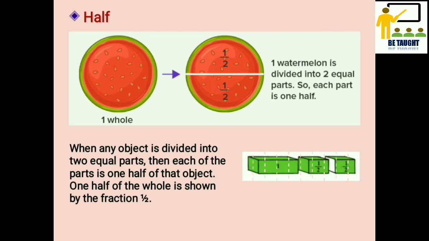So when any object is divided into two equal parts, then each of the parts is 1/2 of that object. 1/2 of the whole is shown by the fraction 1/2.